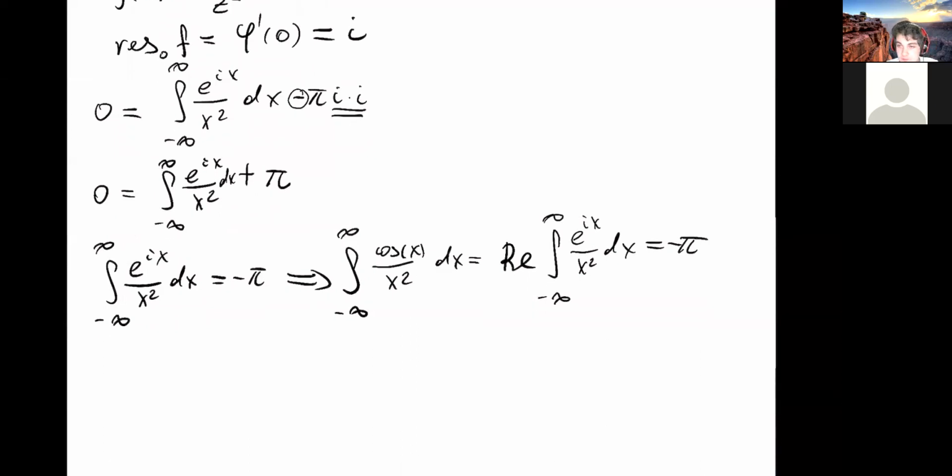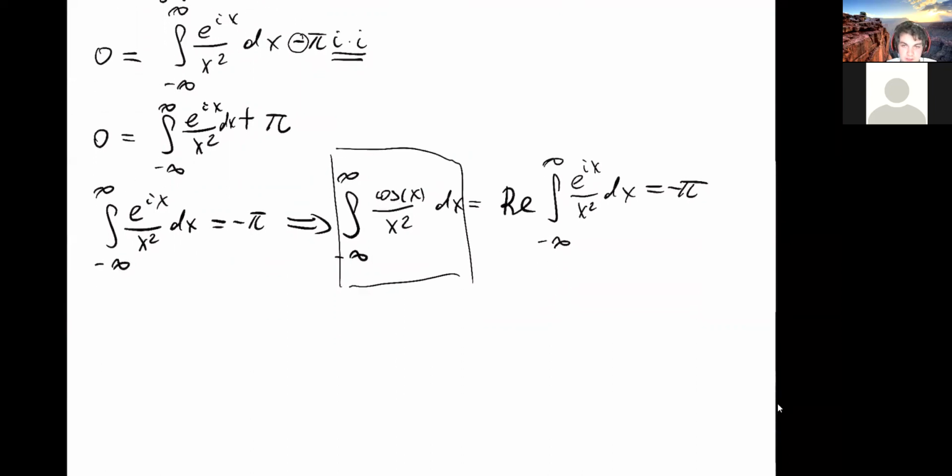So we got a negative answer, which is absolutely okay, because nobody actually told us that the answer should be positive. Cosine oscillates. And so it's perfectly allowed to give us a number that is negative.